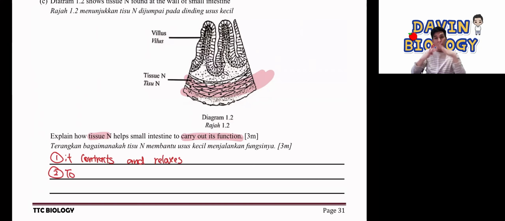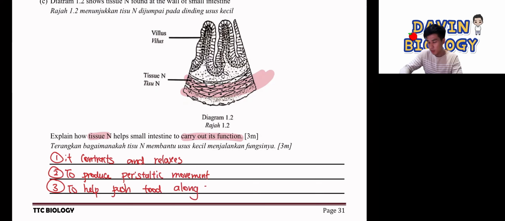So it's called peristaltic action to produce peristaltic movement. And then what's peristaltic movement for is to push the food, to help push food along the small intestine.